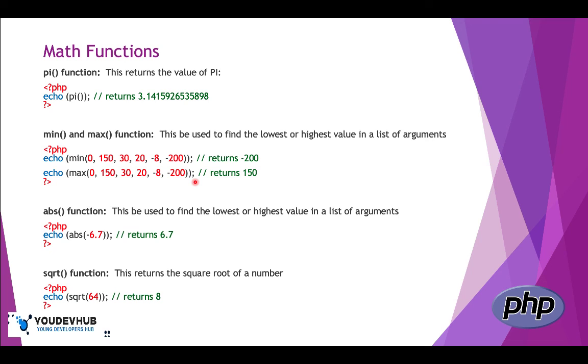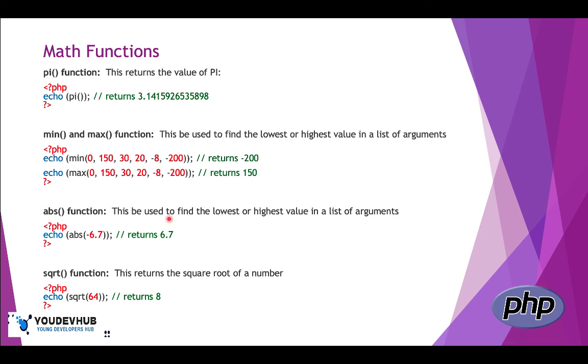Now we have the math functions. There are some functions that are embedded in PHP that are mathematical functions. We have the pi function, the min, the max, the abs, and the square root function. The pi function returns the value of pi, 3.14, and the decimal places of pi. The min and the max help us determine which number is the minimum and which is the maximum in a given set of arrays.